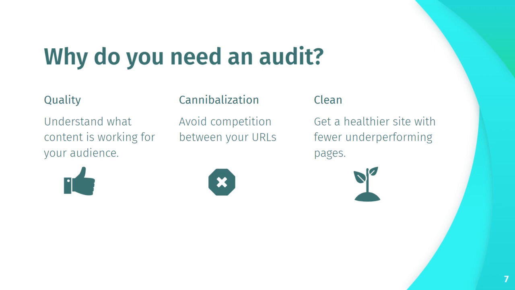And finally, you want to have a clean and healthier site, because it's a lot better to have fewer blog posts that are performing well than having a high number of blog posts that are really underperforming and not driving any value to your users.